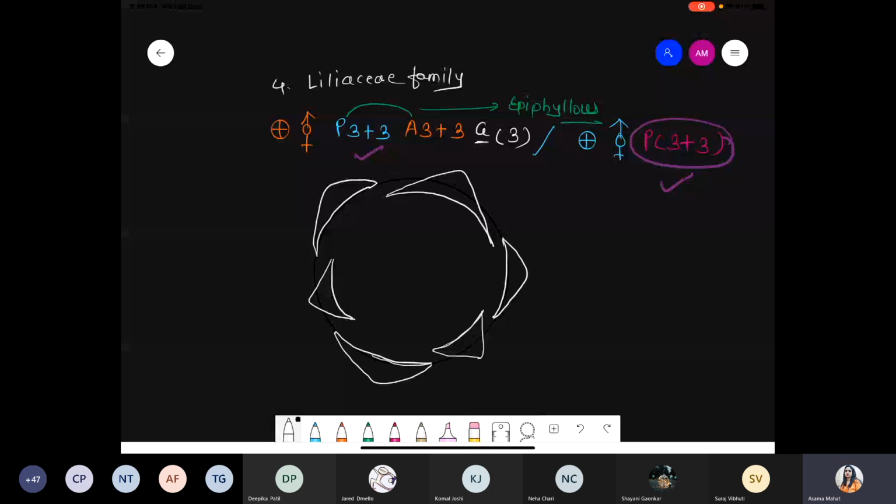Okay, now next part, androecium. Androecium is basically 3 plus 3, meaning 3 attached toward the outer side and 3 attached to the inner side, but again they show the epiphyllous condition, meaning we have to show the attachment site also. So for example 1, 2, 3, these 3 present toward the inner side attach to the perianth like this.